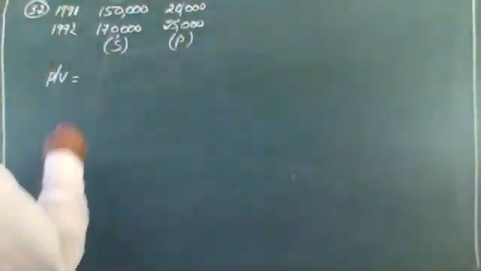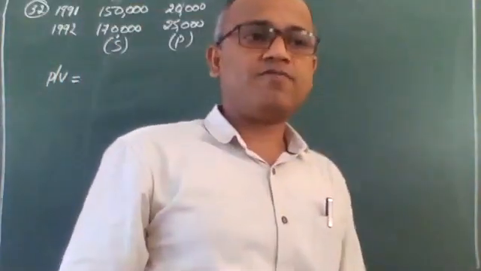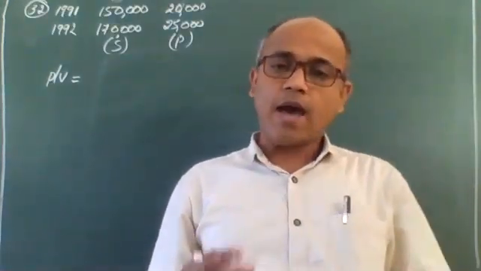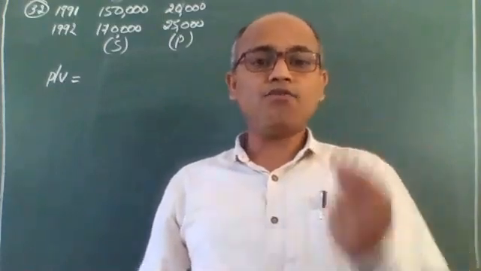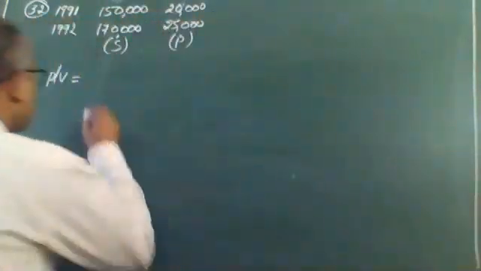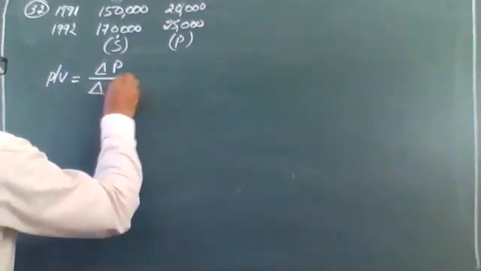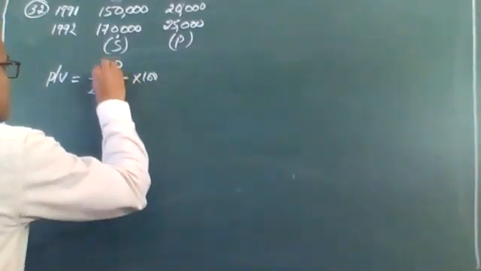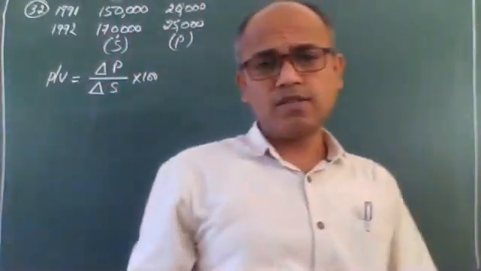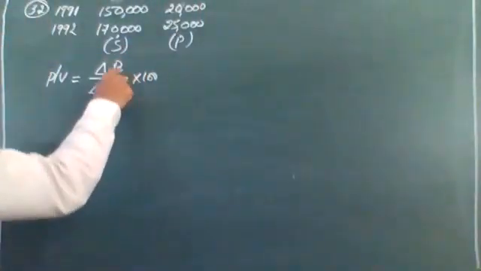Now, sir, which formula should I use? If you refer back to our introductory classes, I told you the formula for PV ratio as contribution upon sales, and I also told you there is another formula for PV ratio when two period information is given: change in profit by change in sales, expressed as a percentage. This formula is the only way to start this problem. So, what is change in profits and what is change in sales?